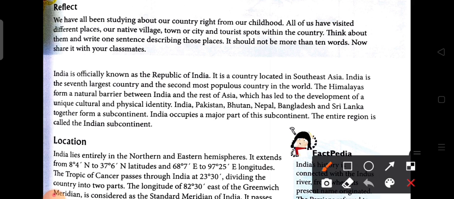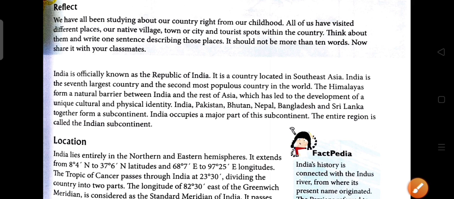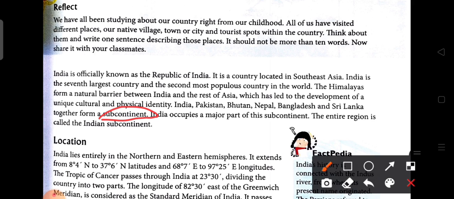So here we see that India, Pakistan, Bhutan, Nepal, Bangladesh, Sri Lanka together form a subcontinent. So here is the term subcontinent. What do you mean by subcontinent? Subcontinent means a part of a large continent made of a small number of countries.